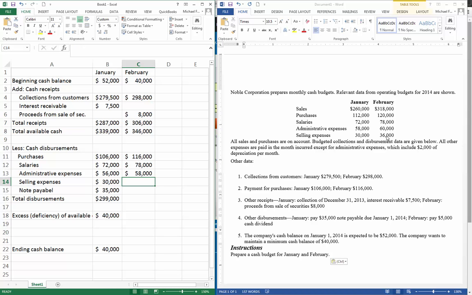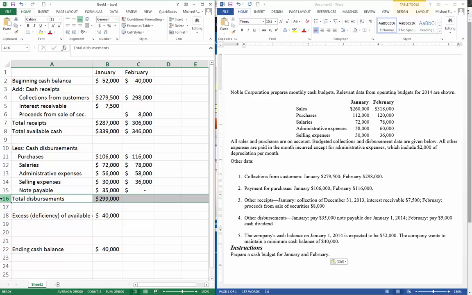Our selling expense, $36,000. And our note payable, look, I spelled note payable wrong. Don't judge me. All right, our note payable, let's see. There's no note payable, so we don't have to worry about that.